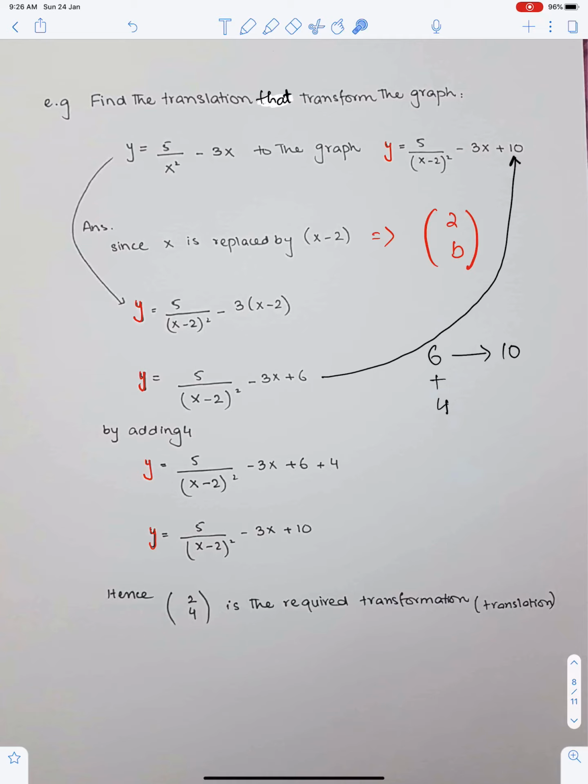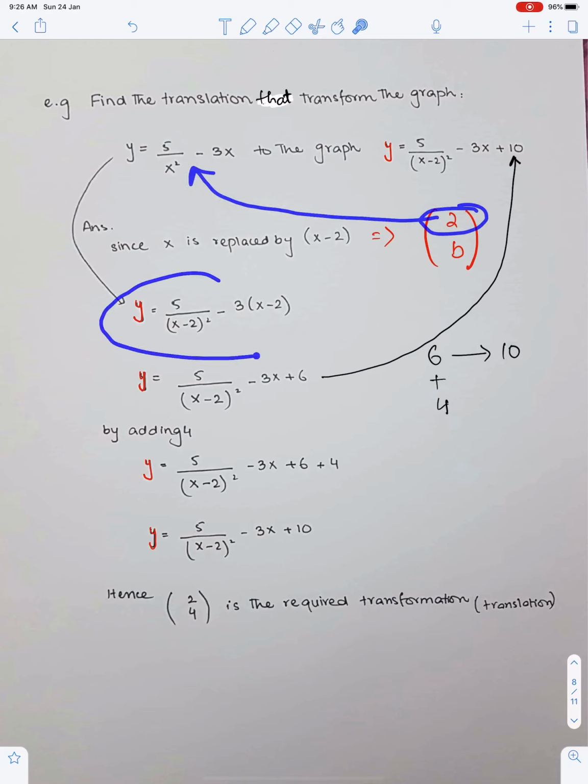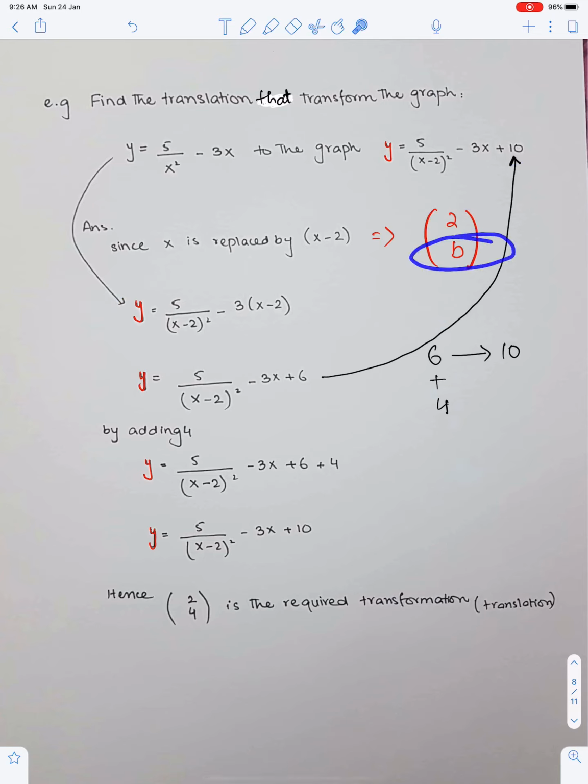So by applying this horizontal component onto this equation, we have this equation. Basically, we are trying to convert this equation onto this equation. Once we convert this equation into this equation, we can easily get the vertical component of this translation vector.